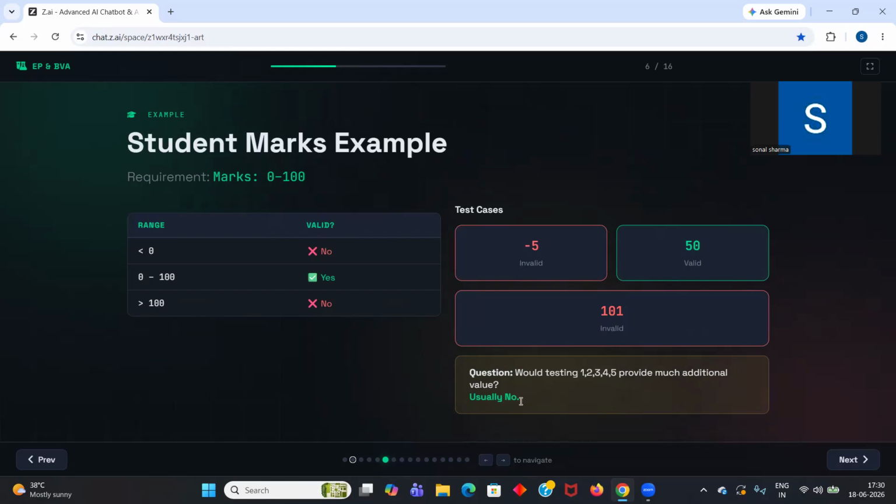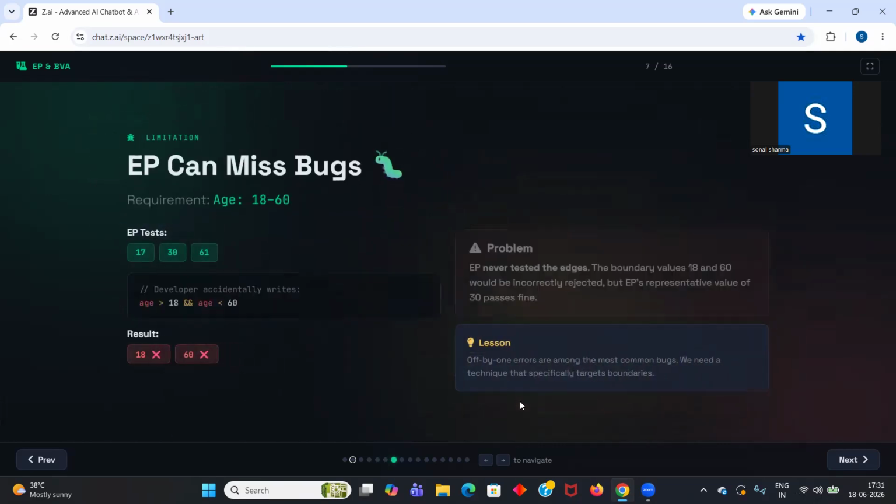That should be accepted as that's a valid value. And then you can take one more invalid value that is more than 100, 101. It should not be accepted. So you actually don't need to test so many values like 1, 2, 3, 4, 5, 6, and so on. That will not provide any additional value to your test cases. So you can use this technique to divide your input range into groups and test one representative from each group.